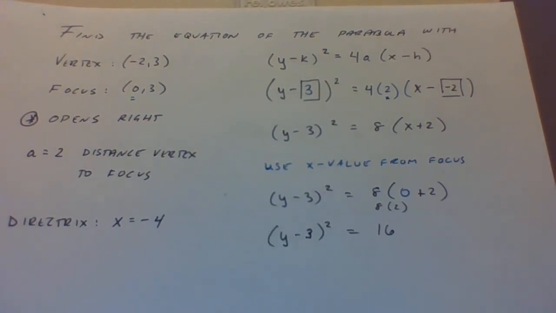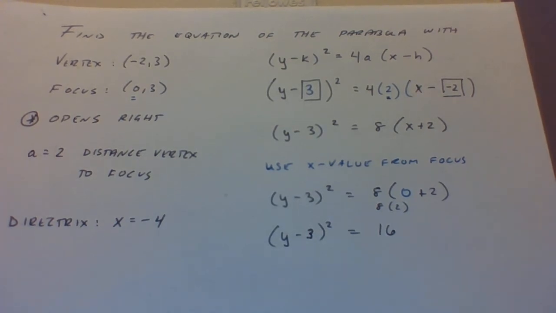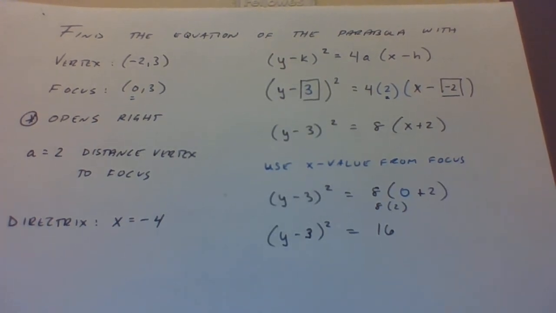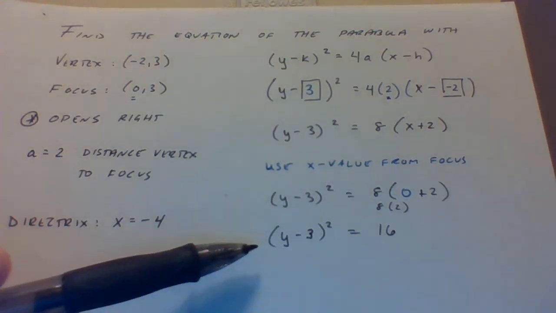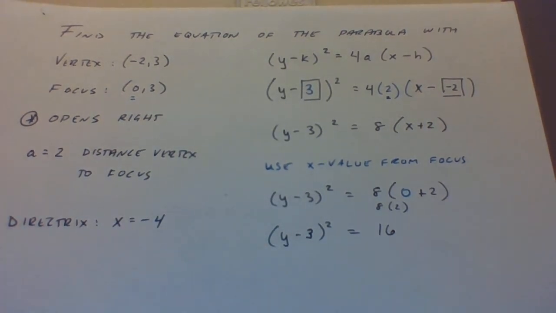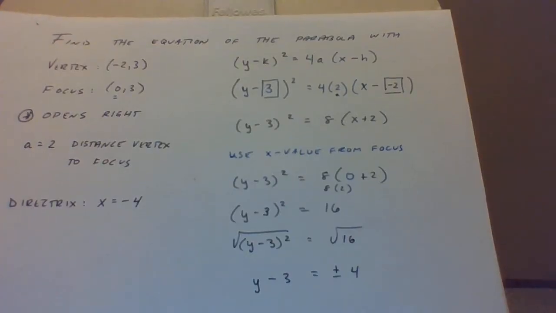Now, I want to go ahead and solve this for y, so just like before, I'm going to go ahead and take the square root of both sides. Remember that when you do that, you're going to get both a positive and a -4 on that right-hand side. When you take the square root of this left-hand side, you're just going to get y minus 3. Now, this is the part we're going to need so that we can break this into 2 different equations, and we can continue solving for y.